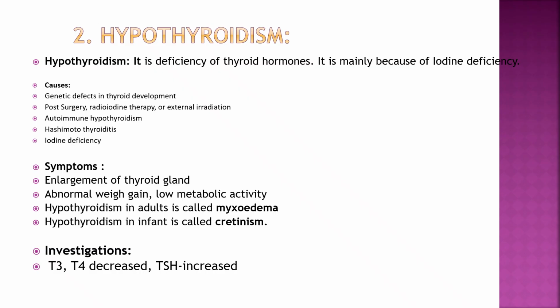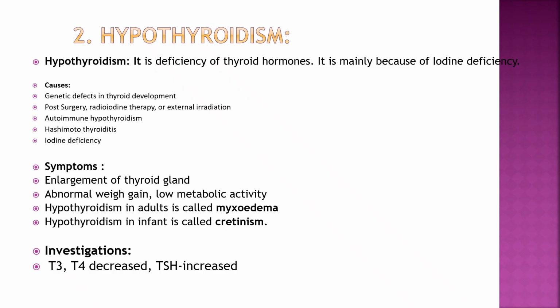The symptoms are enlargement of the thyroid gland, abnormal weight gain, low metabolic activity, dryness of the skin as you can see in this picture, high cholesterol level, poor concentration and memory, muscle weakness, generalized fatigue and unexplained weight gain. In investigations, T3 and T4 are decreased and TSH is increased.